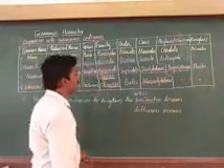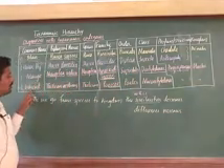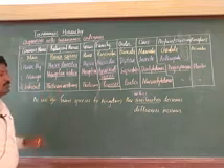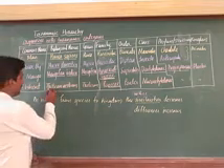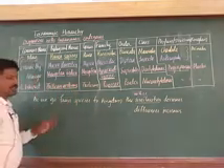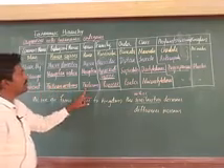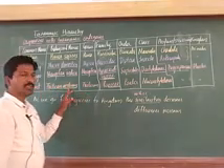So one more example I will take here, that is wheat. Wheat, Triticum aestivum. What do you say? Triticum aestivum is the scientific name of wheat, and Triticum is the genus, aestivum is the species.